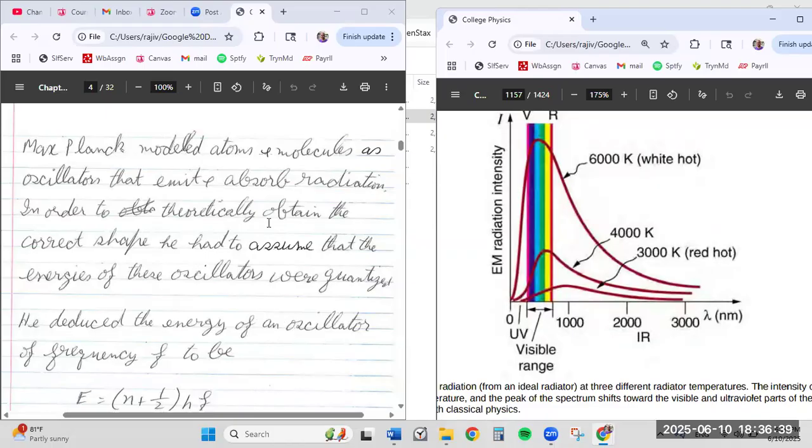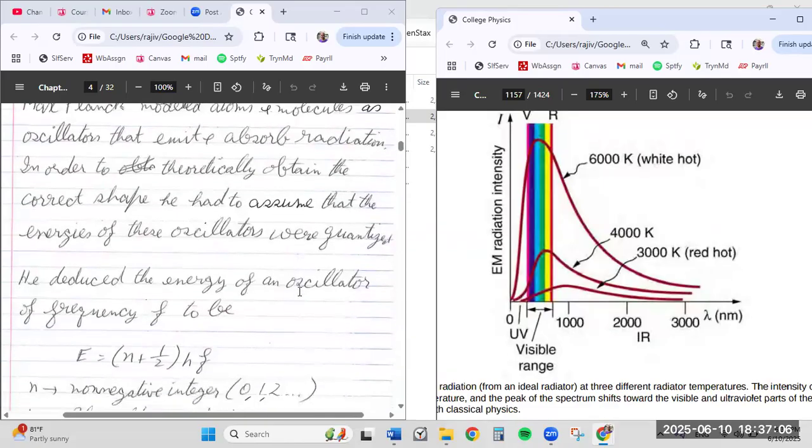So Max Planck thought of atoms and molecules as oscillators that emit and absorb radiation. If you have incident radiation on an oscillator, it would absorb the energy. By the same token, it can also emit energy in the form of radiation.